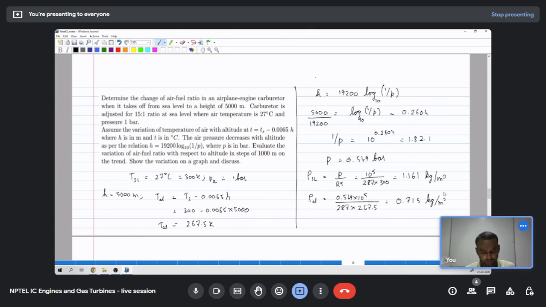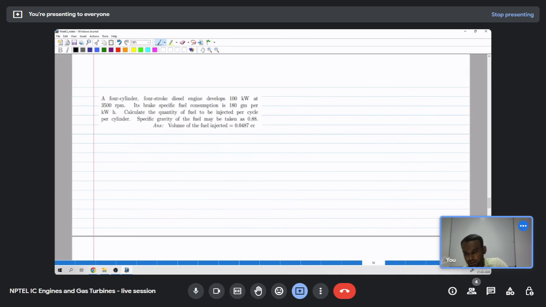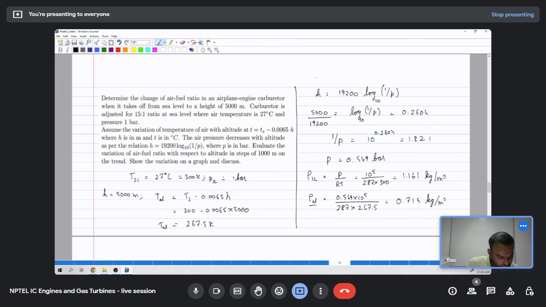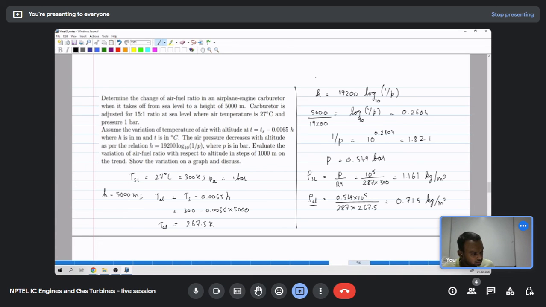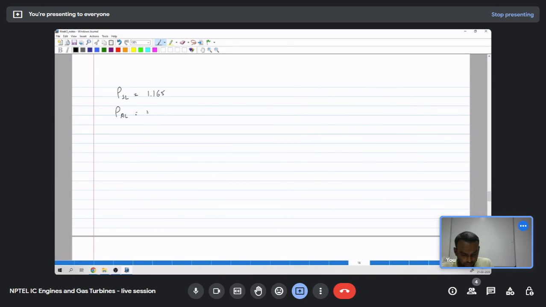Now we have computed the density on the ground and at an altitude of 5000 meters, so we can calculate the air-fuel ratio. We have rho at sea level as 1.161 and rho at altitude as 0.715.